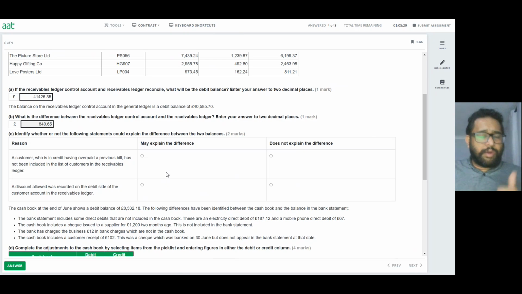In this scenario, the ledger accounts are higher than the control account. The control account in this scenario is 840 pounds 65 pence lower. So here, a customer who's in credit having overpaid a previous bill has not been included in the list of customers in the receivables ledger. So what happened here in this scenario?